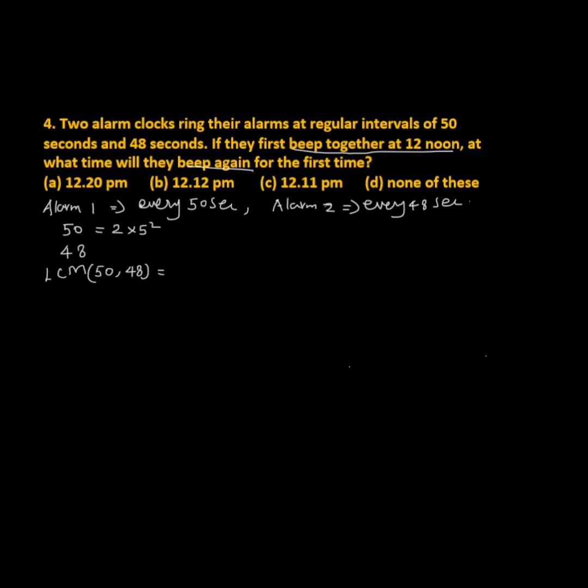What are the factors for 48? 48, 2 24, then 2 12, then 2 6, then 2 3, which means 2 to the power 4 into 3. Now for finding LCM, 2 is common to both numbers.